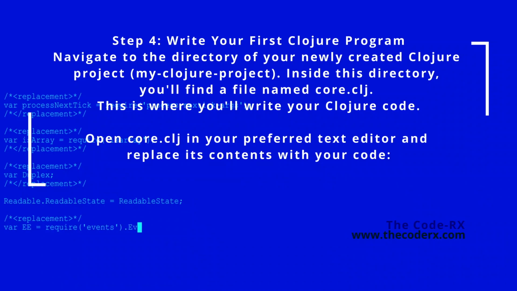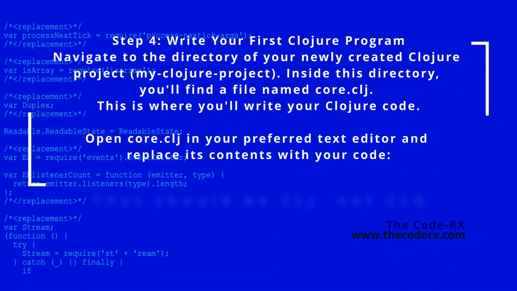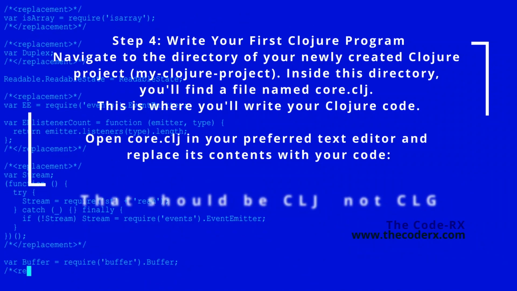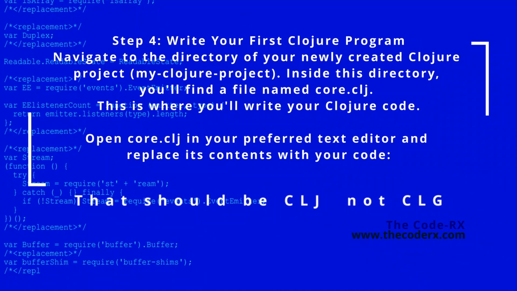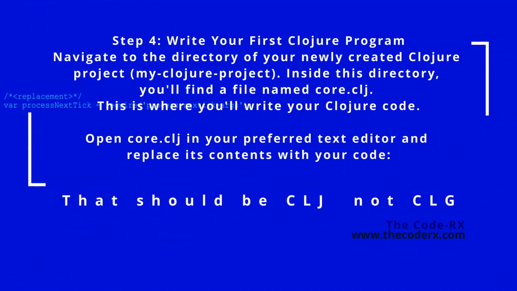But if you're ready to move on, the next thing you do is navigate to the directory of your newly created Clojure project, my-clojure-project, and inside of the directory, you will find a file named core.clj, and this is where you will write your Clojure code.